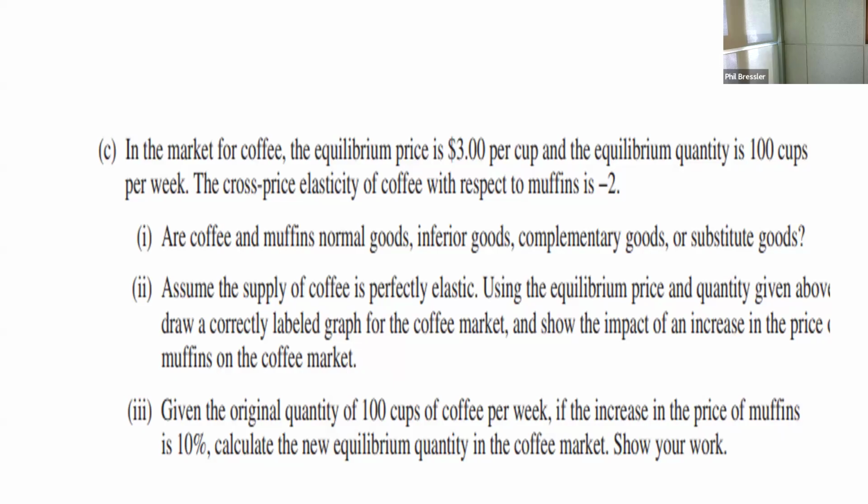Now, the last one. They're asking you, what about the new quantity if price went up 10%? I know the cross price elasticity is -2. The change in quantity demanded is what they're asking me, X, over the change in price, which is 0.10. When I cross multiply, I get that quantity demanded is going to decrease by 20% or 0.2.